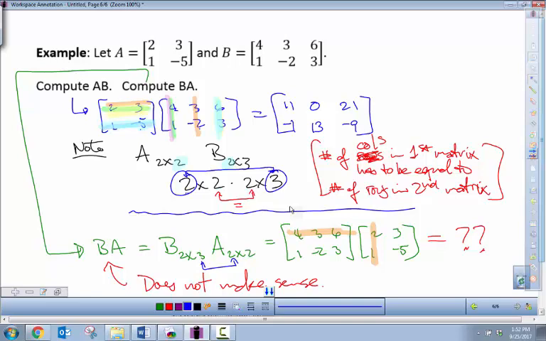Is the answer always going to be the higher column? No, the answer is just going to be the outside numbers. So the first number is going to be the row, and the second number is going to be the column of your resulting matrix. It doesn't matter, as long as these two match up to be the same. Right?